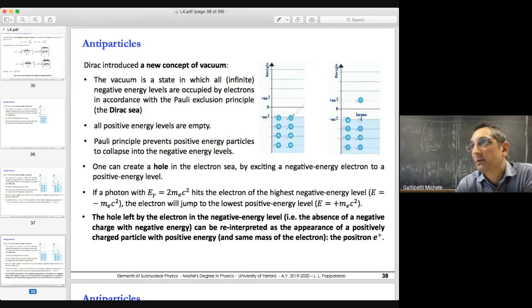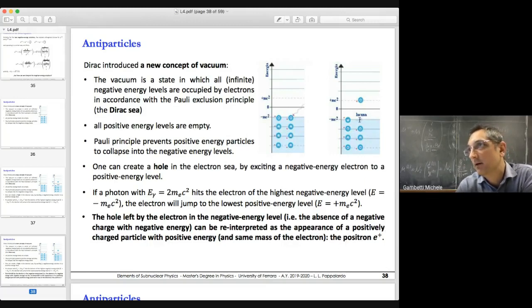So the interpretation is the following. The hole left by the electron in the negative energy level, which corresponds to the absence of a negative charge with negative energy, can be reinterpreted as the appearance of a positively charged particle with positive energy and the same mass as the electron, that is the positron. Let me repeat this because this is a crucial point.